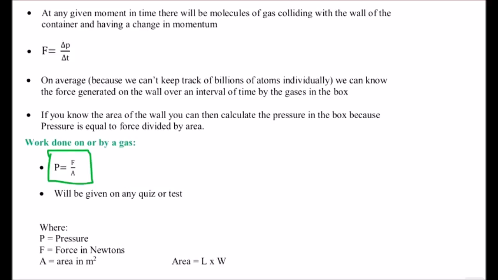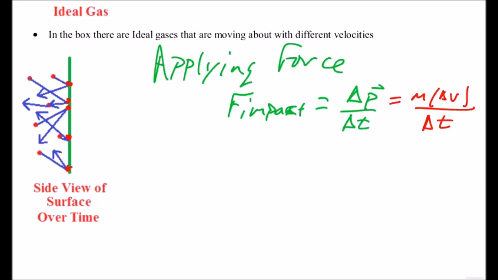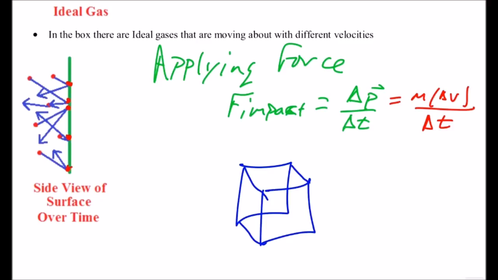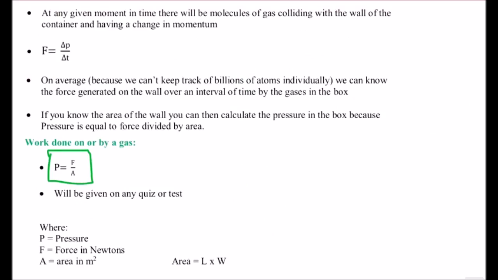If we know what the surface area is of one wall of that container, so let's say we're talking about this side wall of the cube, as those gas molecules are slamming into it, on average, then we can figure out what the pressure being generated is, because we have the force of impact and we've got the area. We can calculate pressure. So remember, area again is length times width.